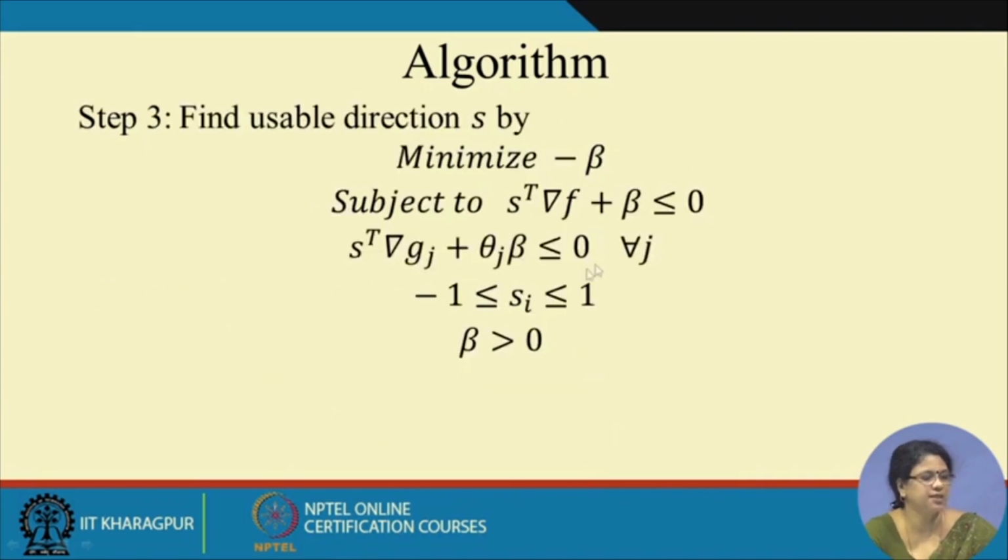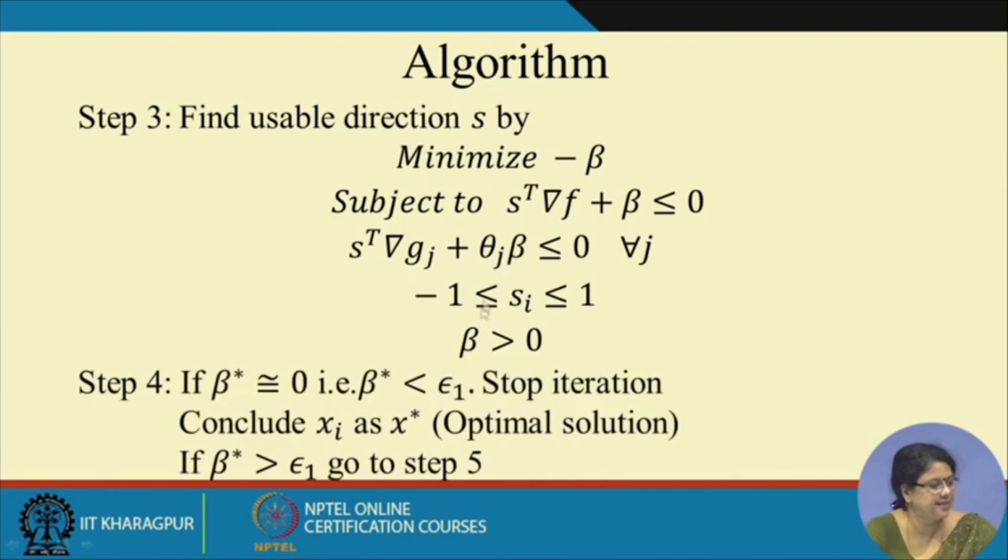Then you construct this problem, consider T i in such a way that it will be from 0 to 2, take beta. Beta corresponds to minus alpha, we want to reduce alpha, that is why our target is to make alpha 0, on the other hand we are making beta 0. Okay. That is why our stopping criterion would be, if the beta value is very small, we can conclude that it is the optimal solution. Okay, that is the thing for you.